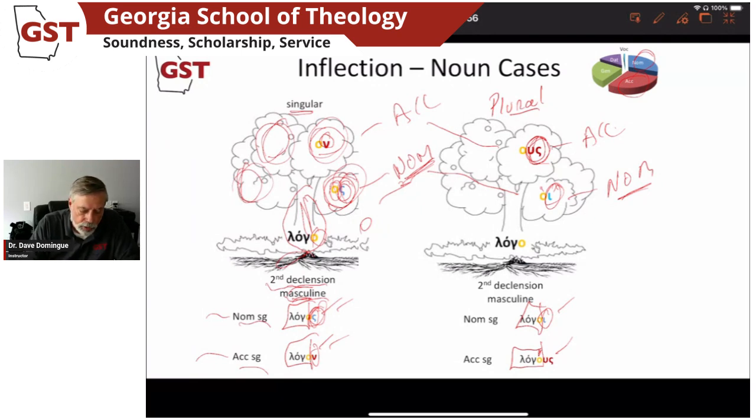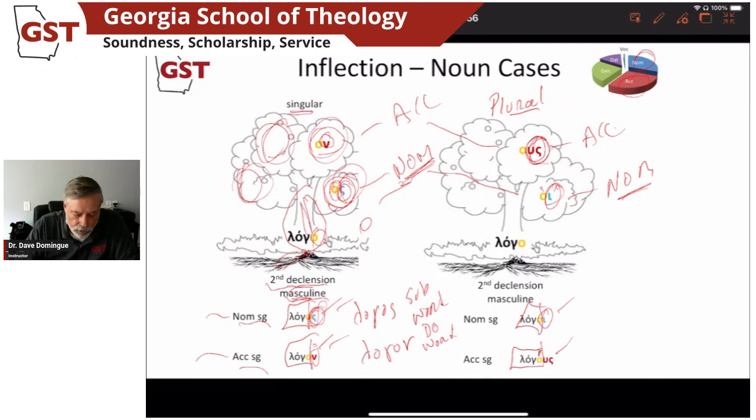And so now when I translate logos, logos here in this case would be the subject, right? We would say the word or message or whatever. And here, logon is going to be the direct object, and it's still going to be word, at least in English, or message or whatever, but it's going to be functioning as the direct object, and now it's the subject.